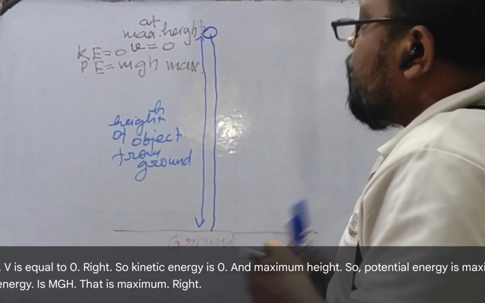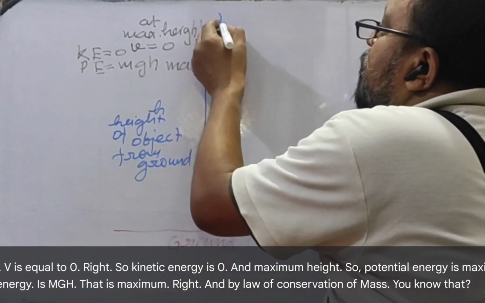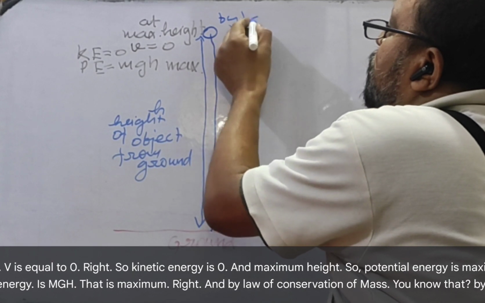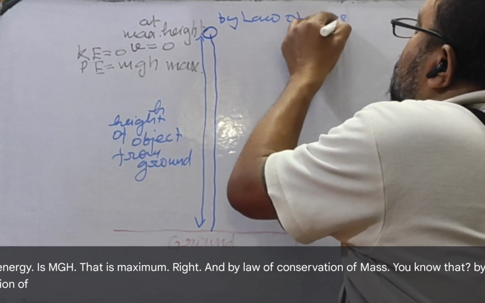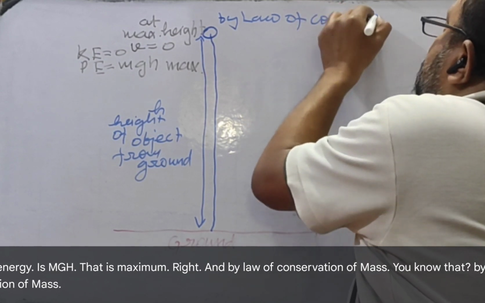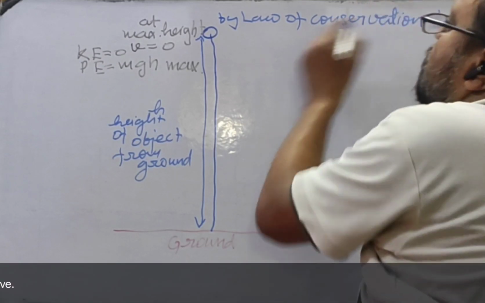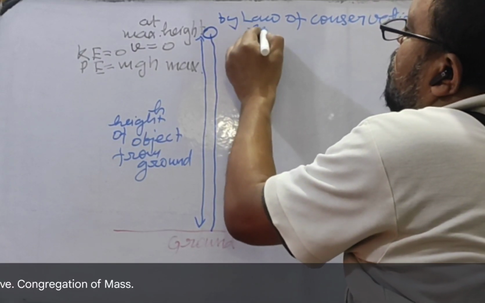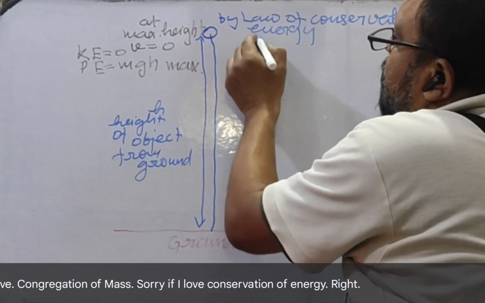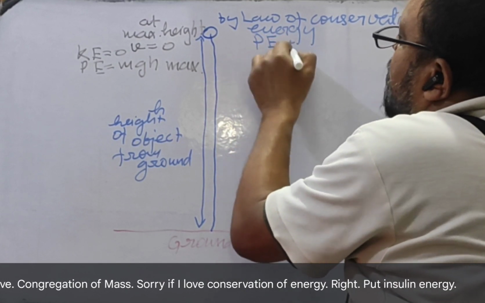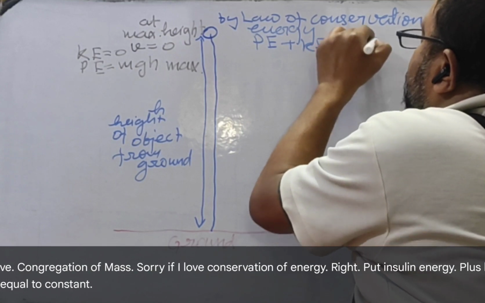And by the law of conservation of energy, you know that potential energy plus kinetic energy is equal to constant, right?